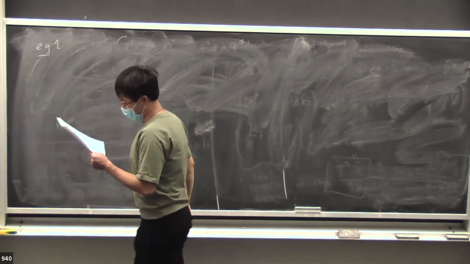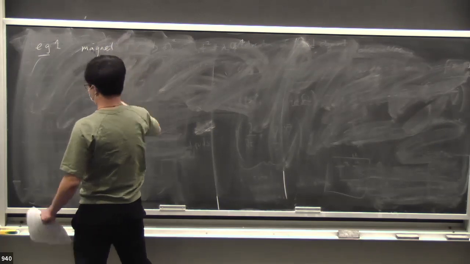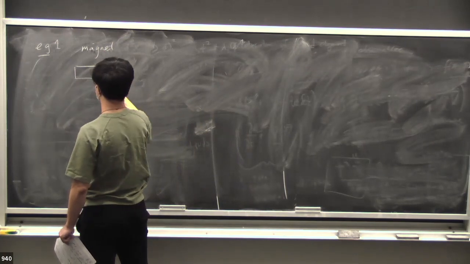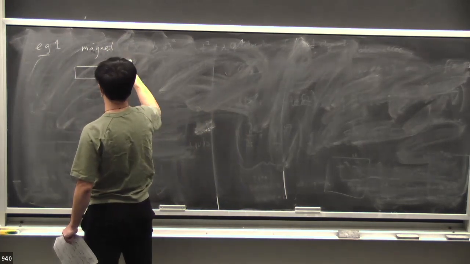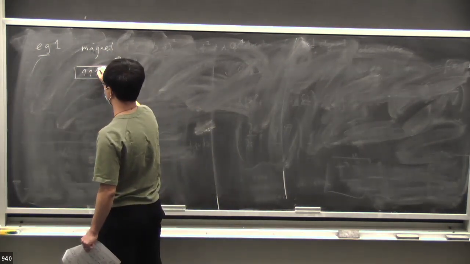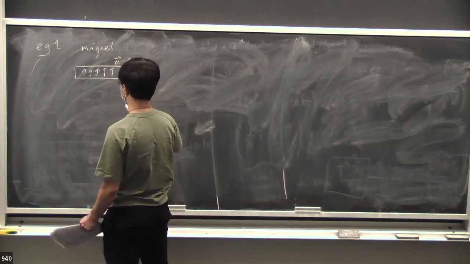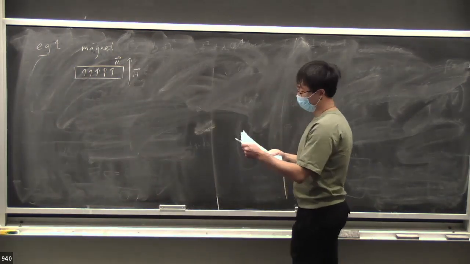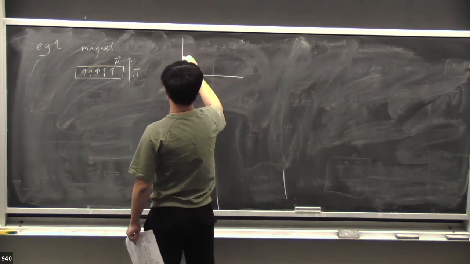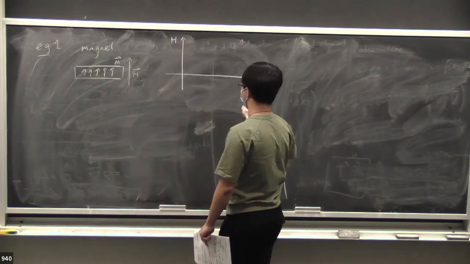Let's consider a magnet. The thing about a magnet is that there's a magnetization, which I denote by an n vector, which describes the alignment when you apply a transverse magnetic field, which I denote by H. In the study of magnets, there's this famous phase diagram with H and temperature.